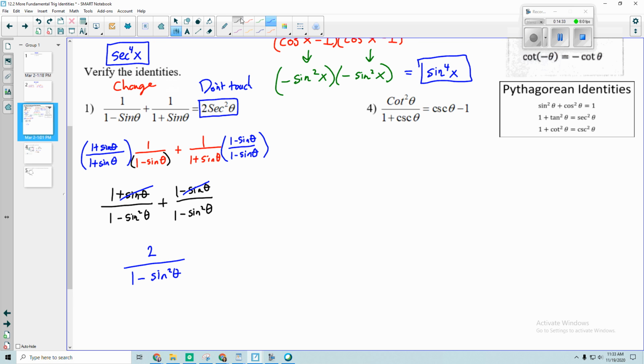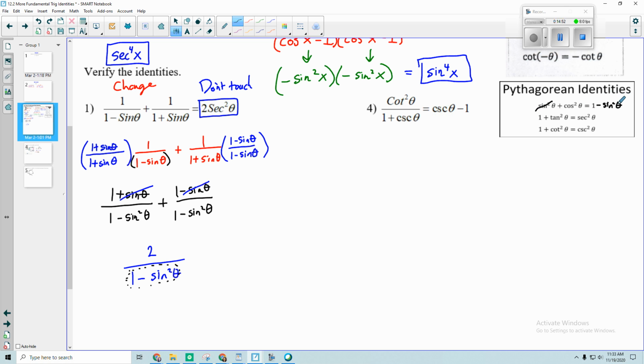In the denominator, I recognize that this is probably going to lead me to a Pythagorean identity. If I were to simply subtract sine squared from both sides, it cancels here.